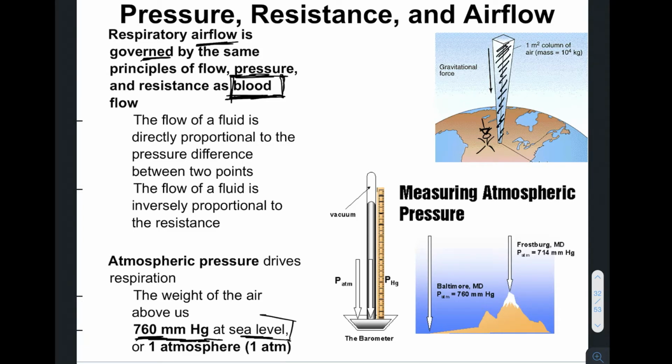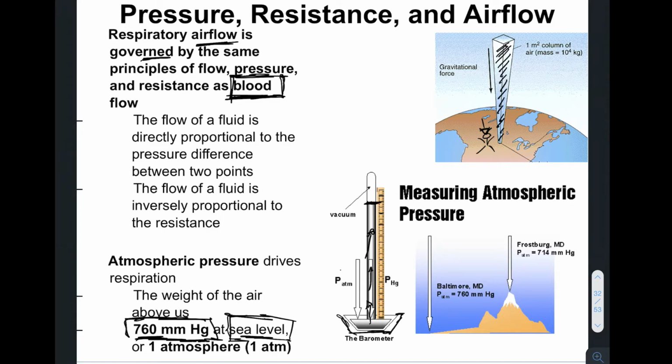So at sea level, New Orleans is at sea level. At sea level, 760 millimeters of mercury. How did we do this? In the early days, we took basically a cup of mercury. We stuck a cylinder inside that cup, and the mercury would climb up the cylinder, and then we would put a ruler next to that cylinder and measure how many millimeters of mercury were in the cylinder.